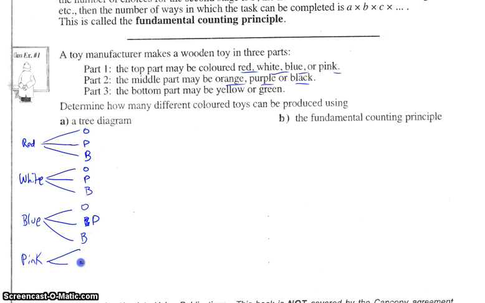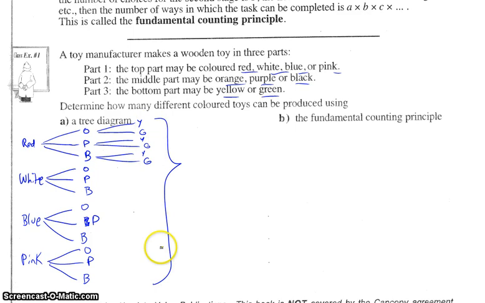And then pink for part 1 could also have orange, purple, or black for part 2. Then, finally, the bottom part could be yellow or green. So, off of each of these branches here, you'd have another 2 branches coming off. And that could be yellow or green, yellow or green, yellow or green. So, assuming we were to finish all these, how many would we have at the end here?